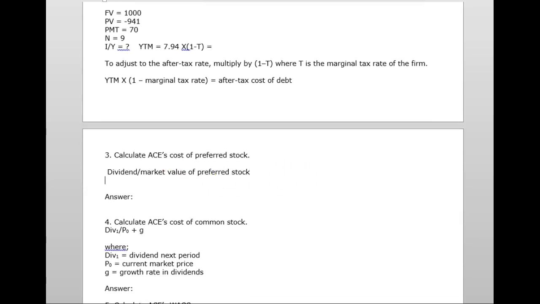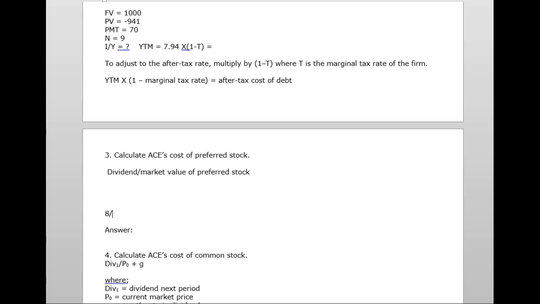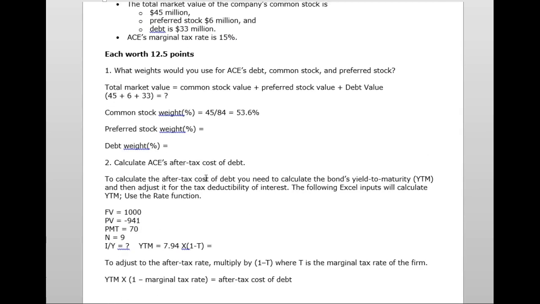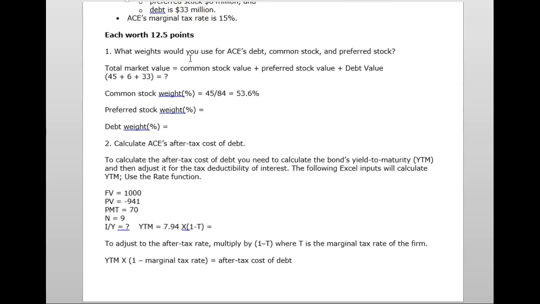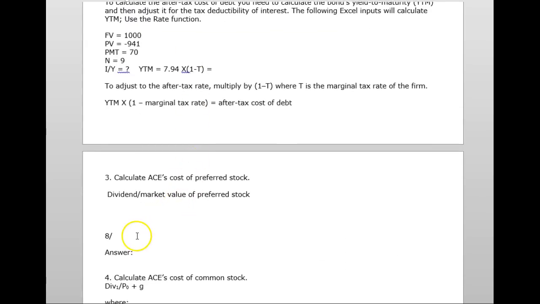You're going to take $8 and divide it by the market value of the preferred stock. And that's somewhere up here. Right here. The market value is 107. So you're going to divide 8 by 107, and you're going to get that rate of return. And you're going to hold on to that.